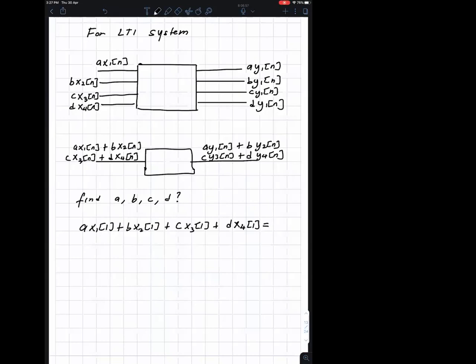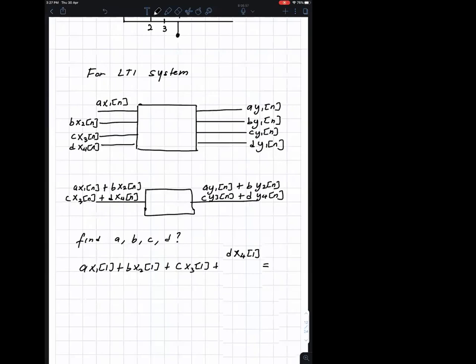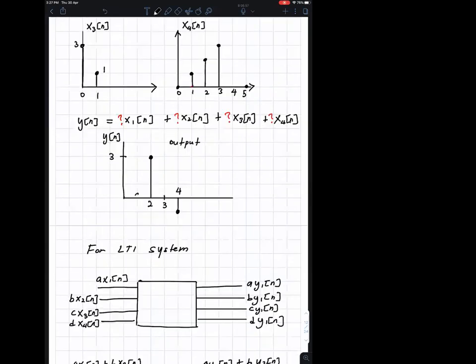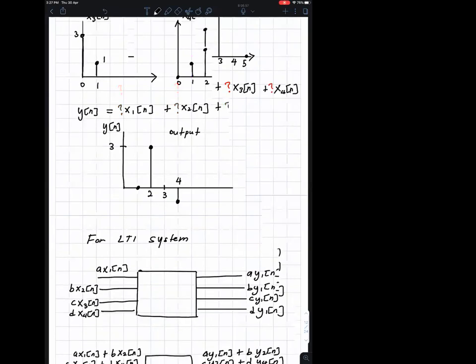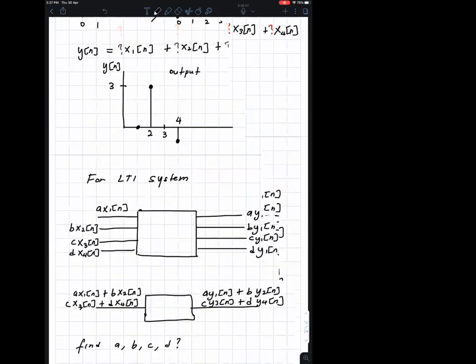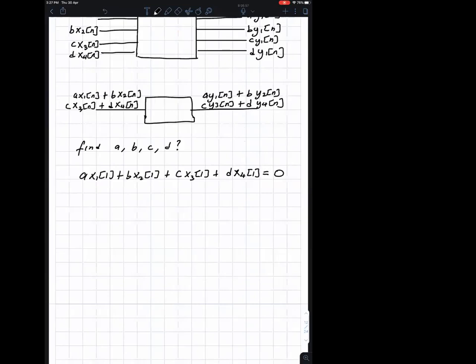That's going to be equal to 0, because at the output there is a 0 signal. That's equation number 1.